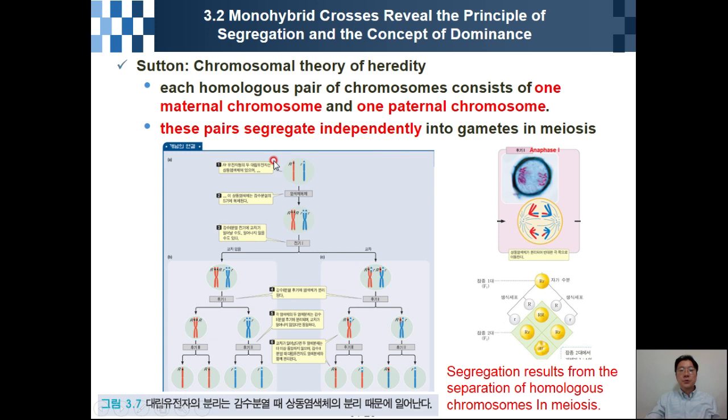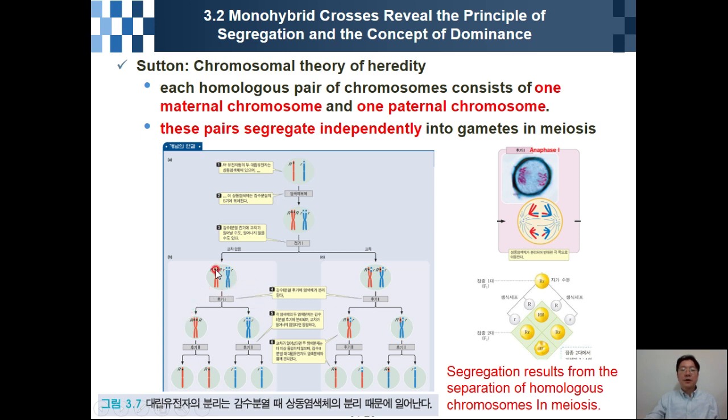So these pairs of chromosomes segregate independently into the gametes in meiosis. After they experience prophase 1, during anaphase of meiosis 1, each pair of chromosomes is segregated independently.